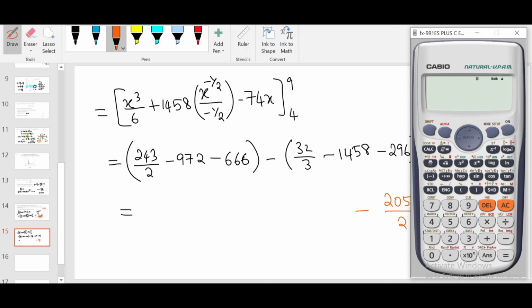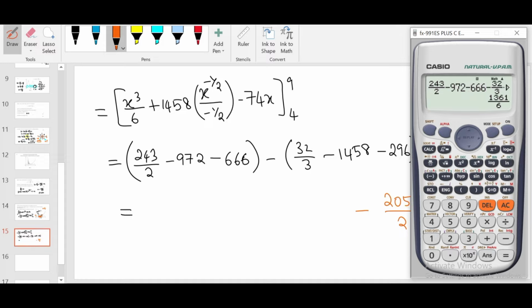So I'm going to calculate this carefully. 243 over 2 minus 972 minus 666 minus 32 over 3 plus 1458 plus 296.